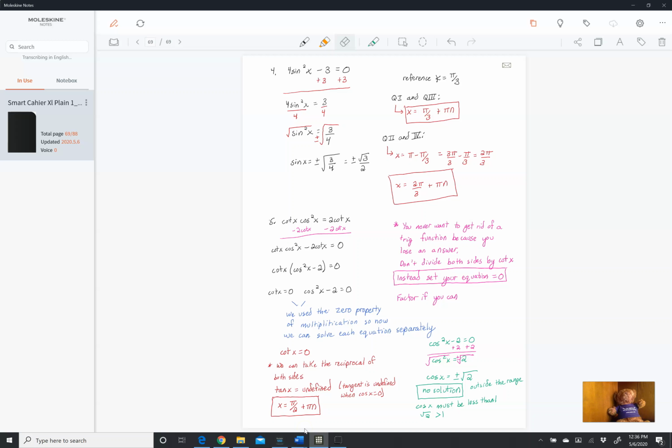Okay, let's do another example. This one we'll do with an interval.